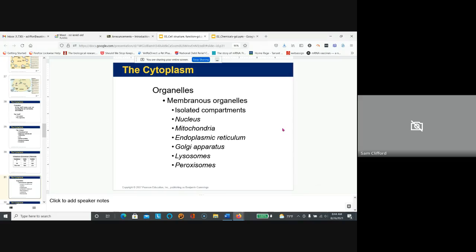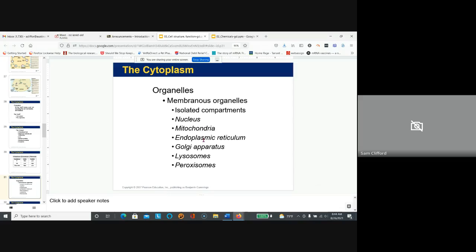So what are the organelles? They have membranes. Their compartments, their insides, are often isolated from the rest of the cytoplasm. The nucleus is an organelle that stores DNA. Mitochondria produce ATP from glucose.